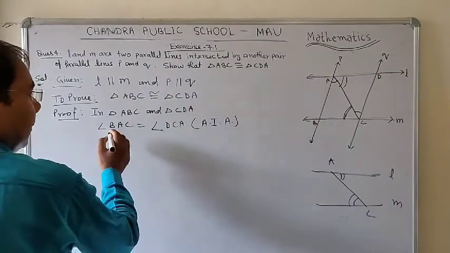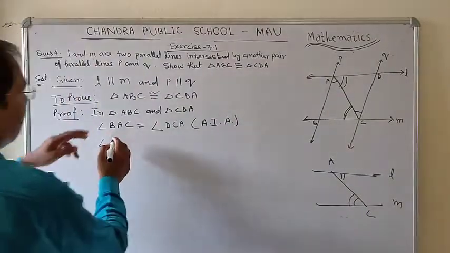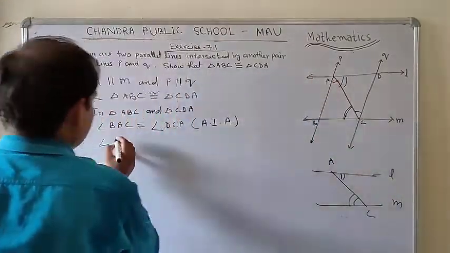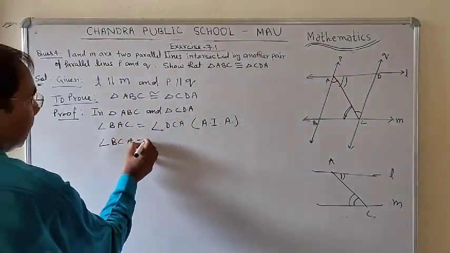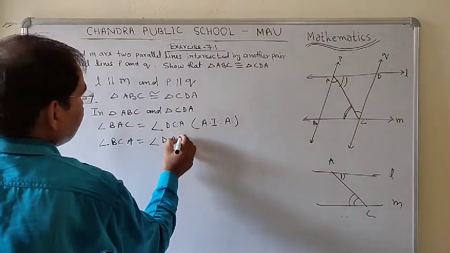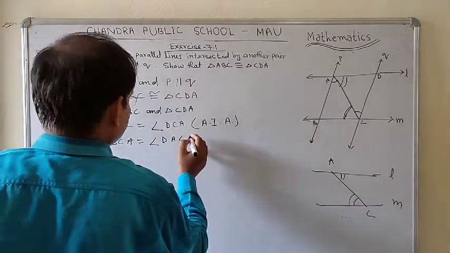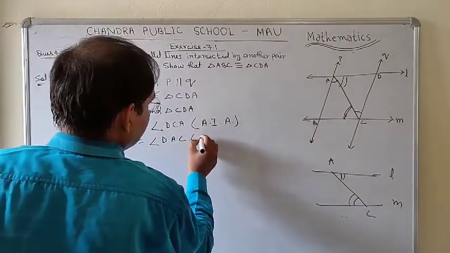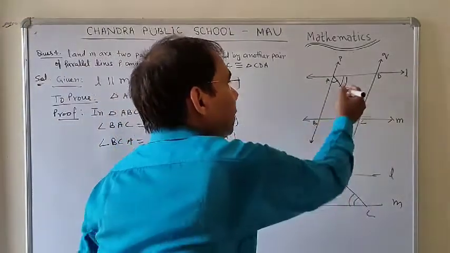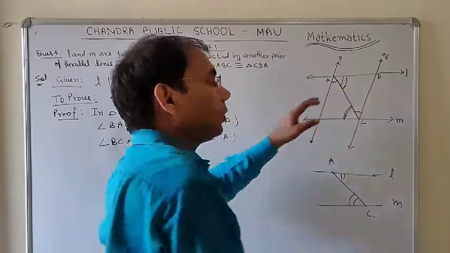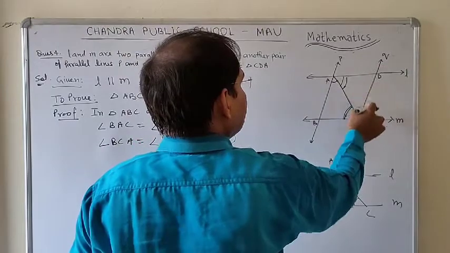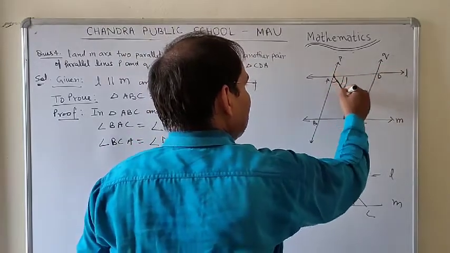So here you can write in this triangle, angle BCA equals angle DAC, that is alternate interior angle. So here in both the triangles, I got two angles equal. So here you search for the two things that are equal. Now students, in triangle ABC and triangle CDA, AC is common in both.